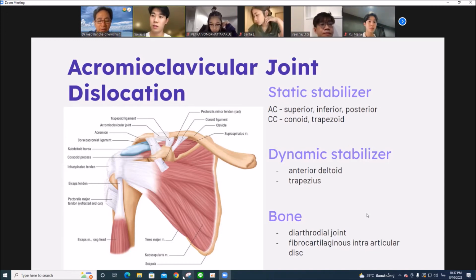You can think of the clavicle as a hanger, so everything is hanging on this. If the AC joint dislocates, the ligament is torn, so the whole shoulder complex will drop down.